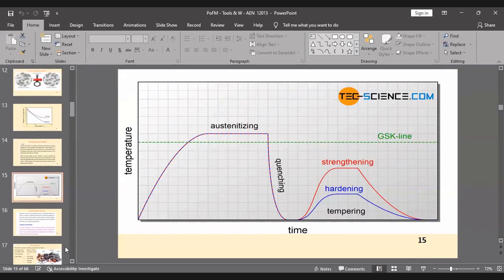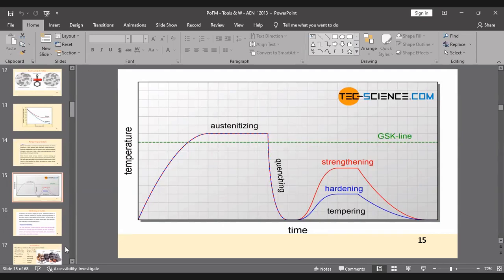Now the third factor is the timing factor. First one is carbon level. Second one is temperature. And third point, time. There are several combinations of time and temperature.